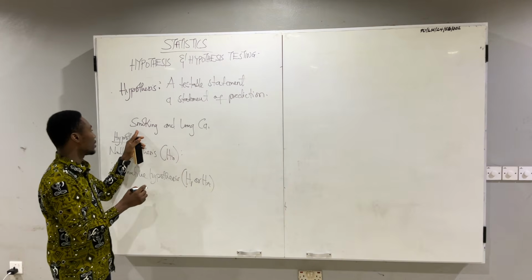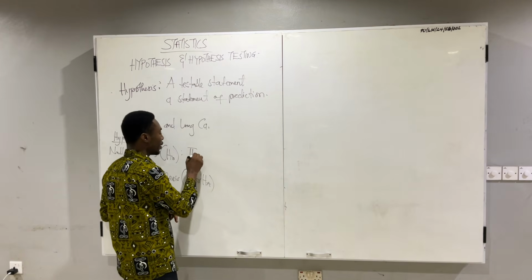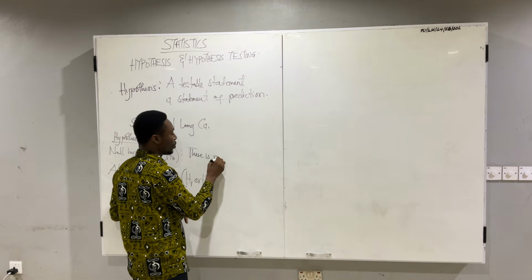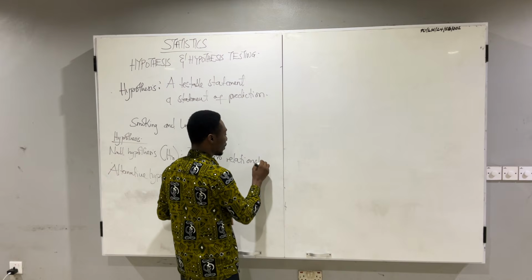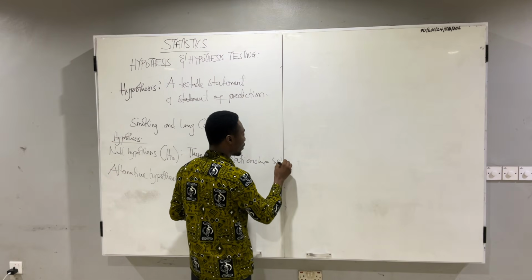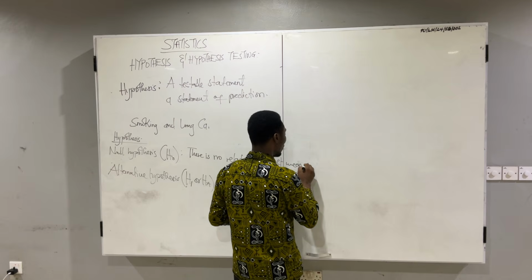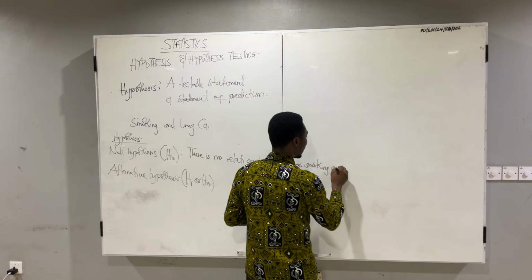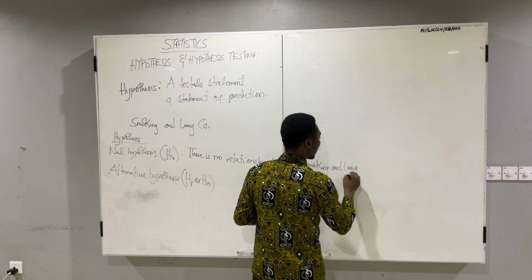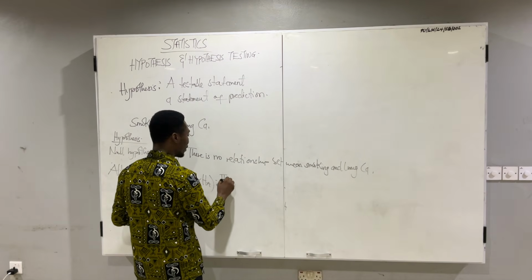So this smoking and lung cancer, the null hypothesis will say there is no relationship between smoking and lung cancer. Alternative, on the other hand, will say there is what?